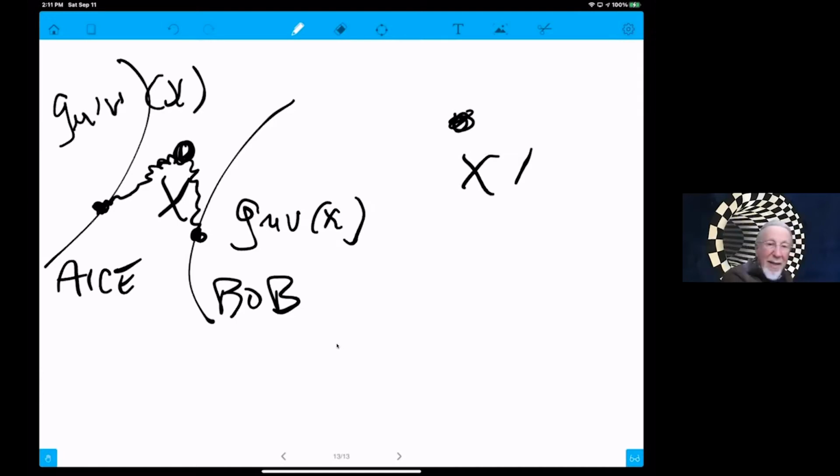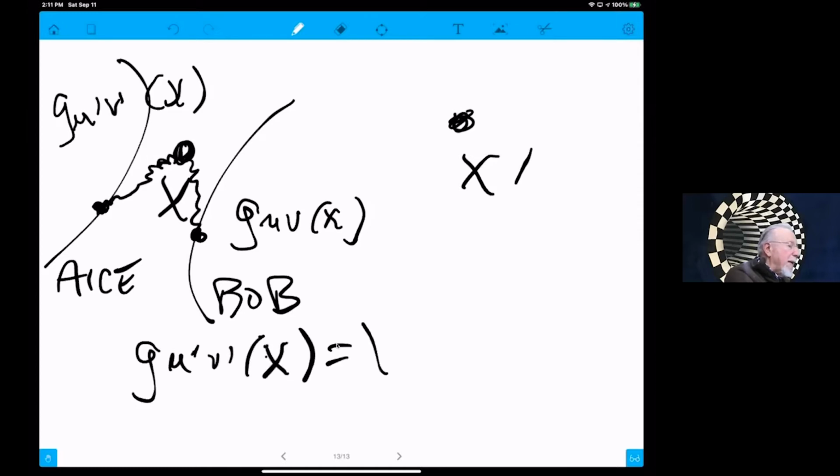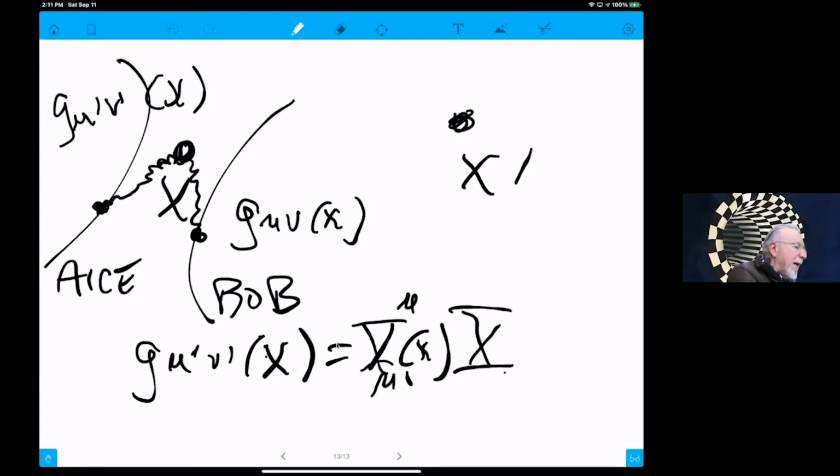But then the transformation is between these two. The transformation is G mu prime V prime at the same X equals the transformation matrix at the same X, which I'll call big X, times G mu V at X. This is Bob, and this is Alice.